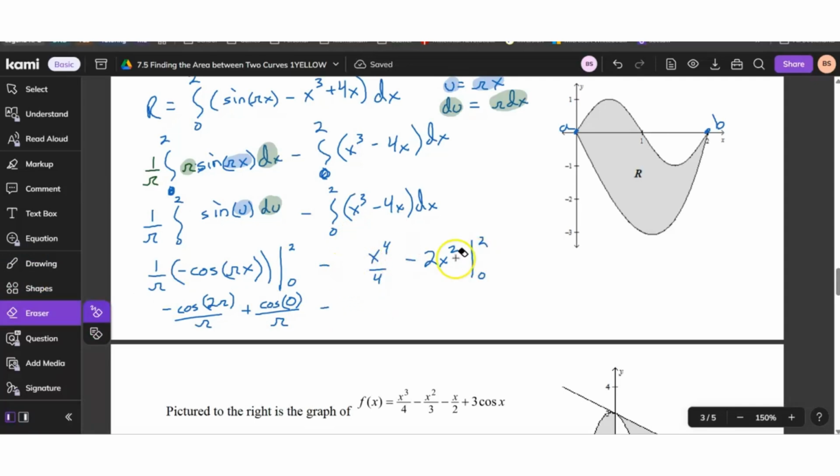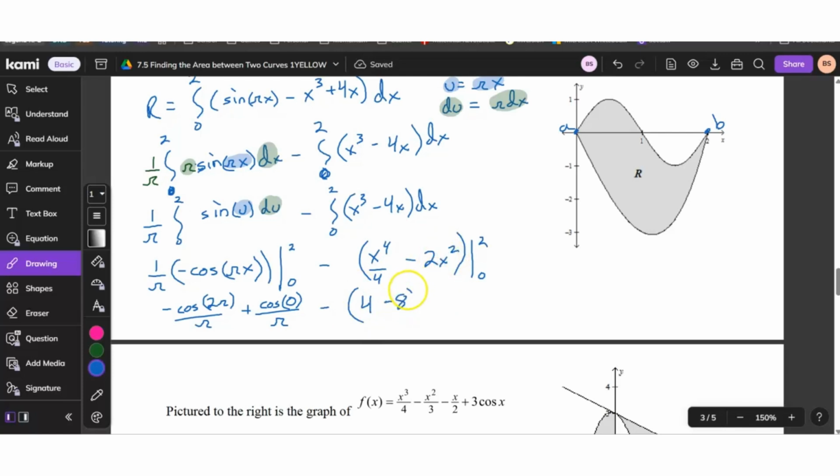I apologize. Should have just been this. My bad. So minus 2 to the power of 4, which is 16 over 4, which is 4. Minus 2 times 2 is 4 times 2 is 8, so minus 8. Minus 0, because when I plug in 0 for x, it just doesn't do anything.